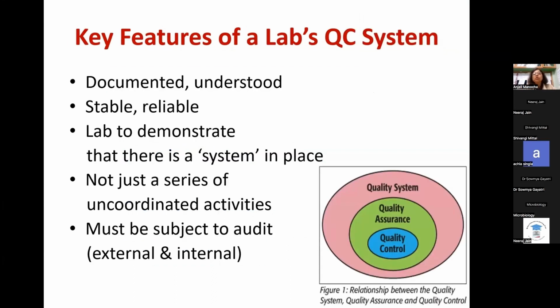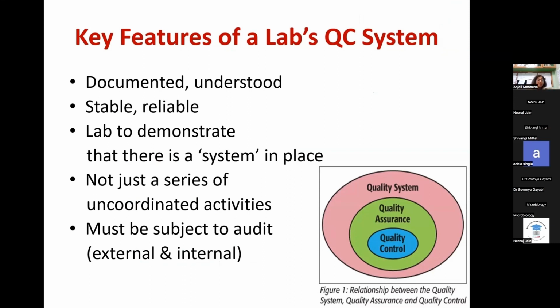Now, the key features of a lab's quality system. Number one is that everything must be documented. It's very important. Everything must be documented and must be documented in such a way that it is easily understood.